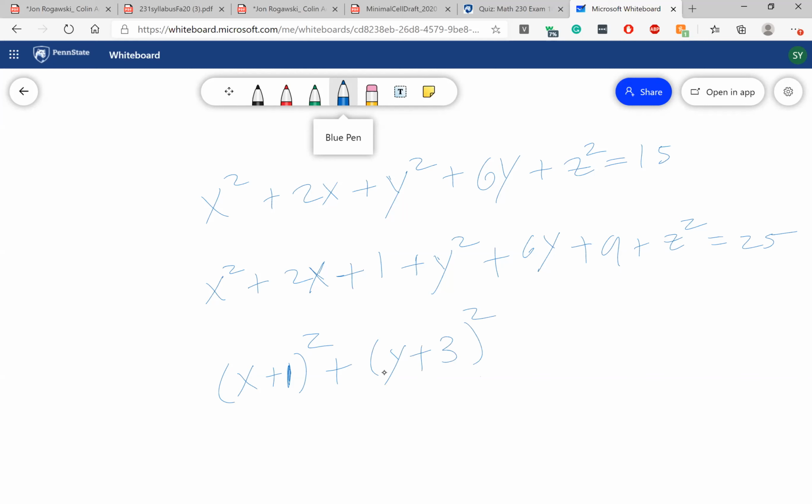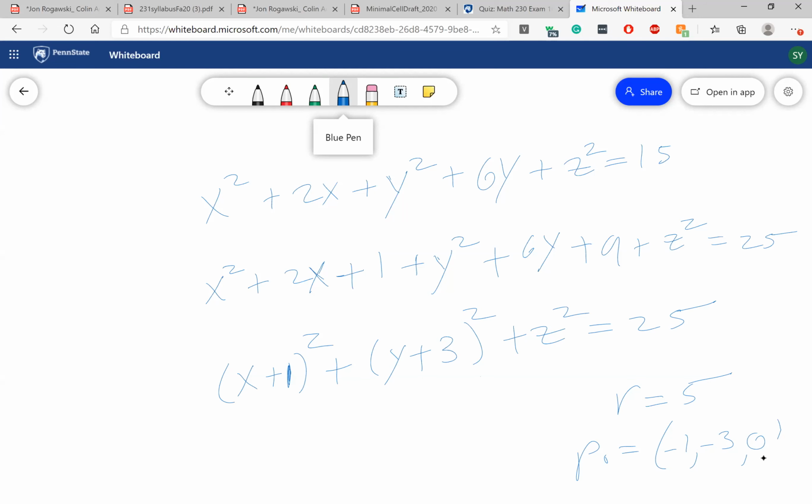So y squared is that, y times 3 is 3y, this times that is the other part, okay, perfect. Plus z squared is equal to 25. So the radius is equal to 5, and the center, let's call it P0, is the point -1, -3, 0. Any questions so far about this?